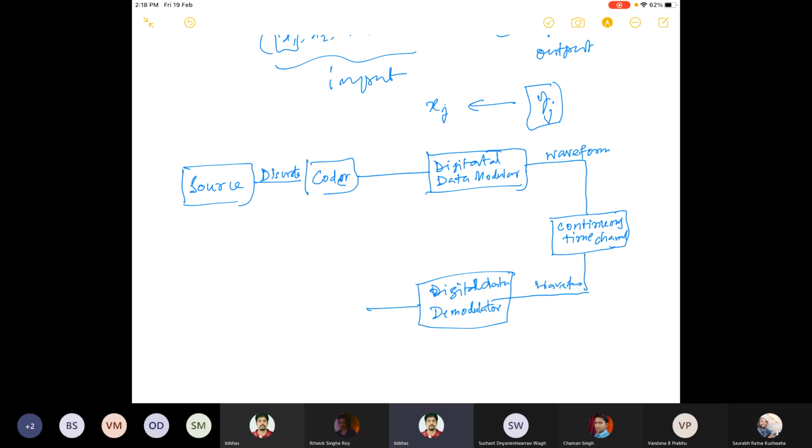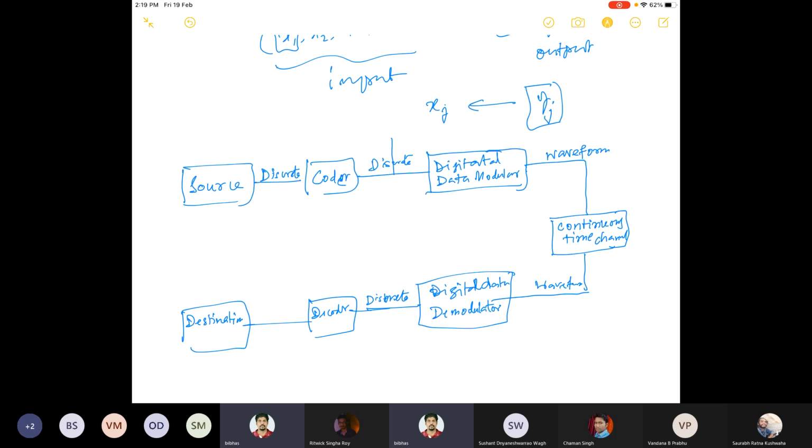Then we have a decoder here, and the output is also discrete. And then we have the destination.